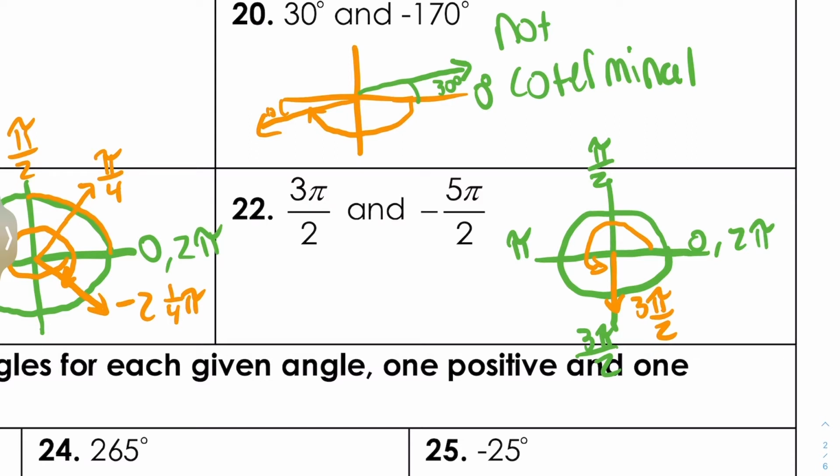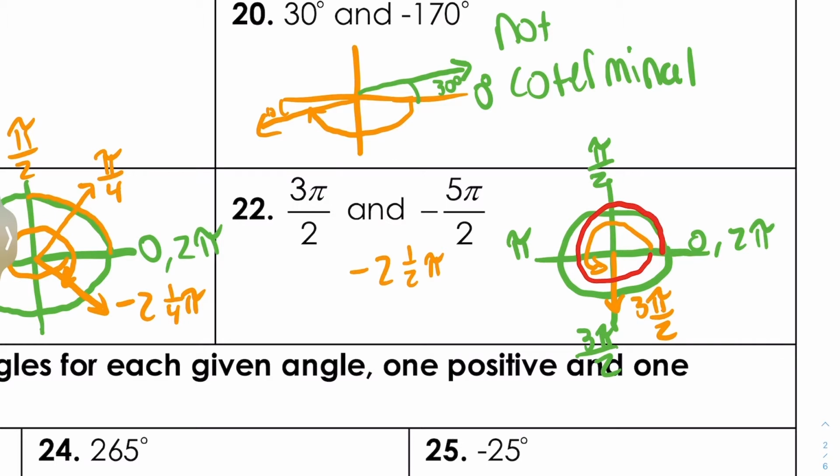Negative 5 pi over 2. If we convert this to a mixed number, 2 fits in a 5. Negative 2 and 1/2 of pi left over. For negative 2.5 pi, that means we're going the negative direction. 2 pi's is a full circle.